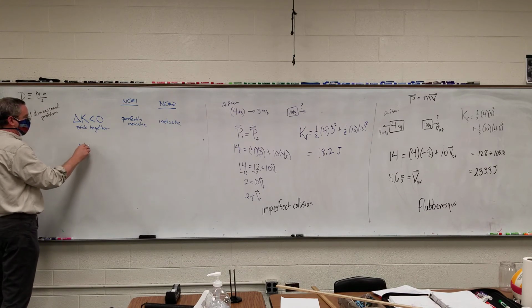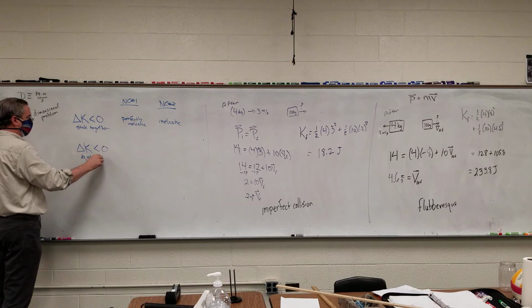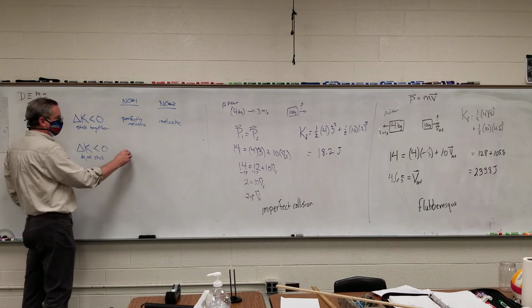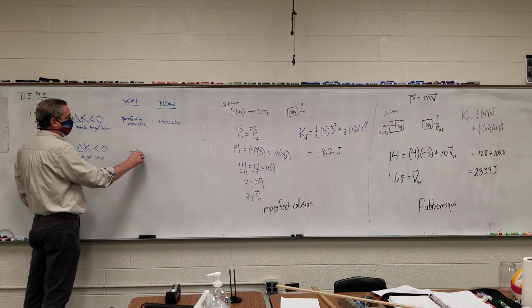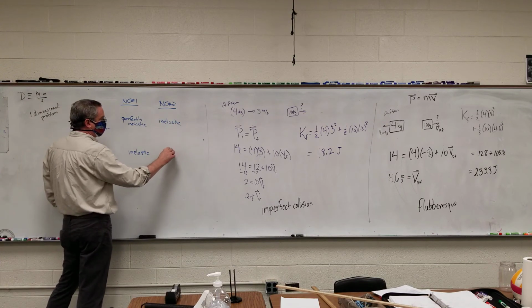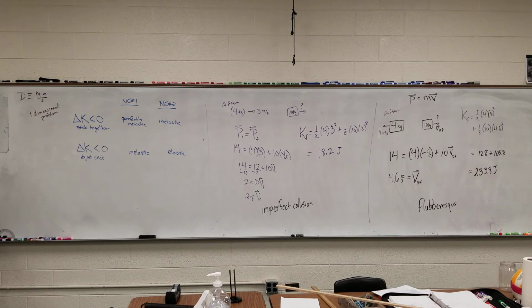Scenario number 2, the kinetic energy is lost but they do not stick together. Under naming convention number 1, this is called inelastic. Under naming convention number 2, this is called elastic. Naming convention number 2 assumes inelastic means they stick together automatically, and elastic means there's some bounce involved.